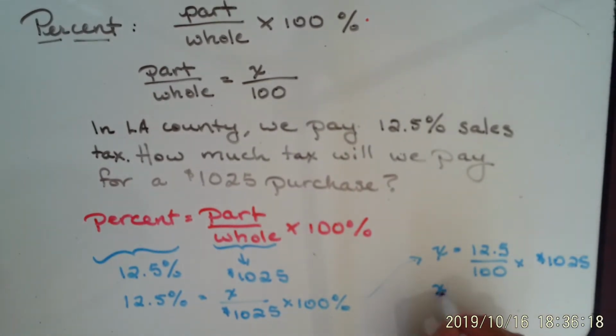So the amount of tax we pay is going to be equal to $128.125, and that's three significant figures, so we'll stop here. 128. Okay, so that's one way we can do this.